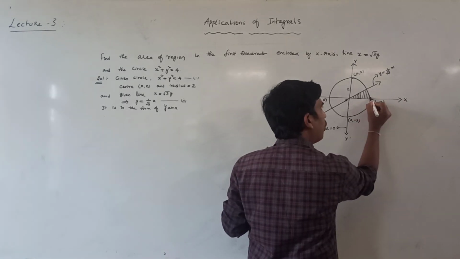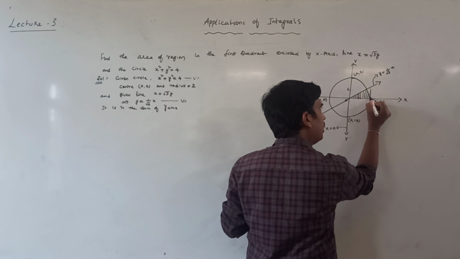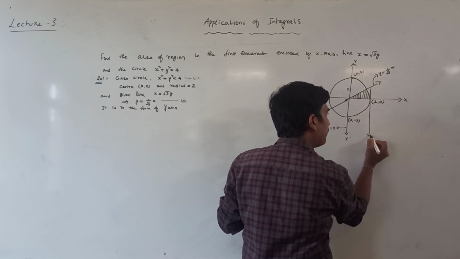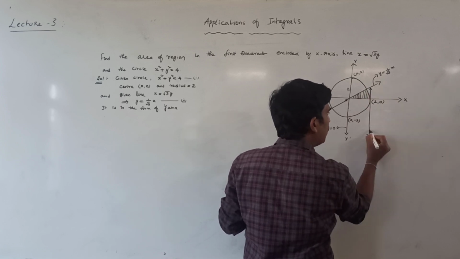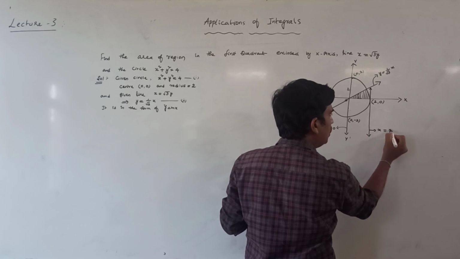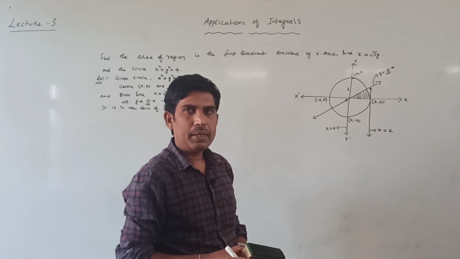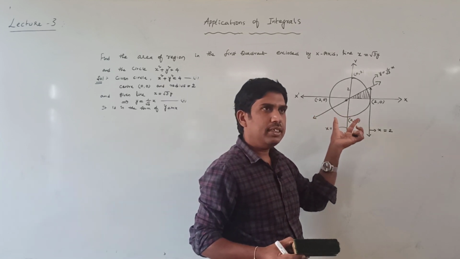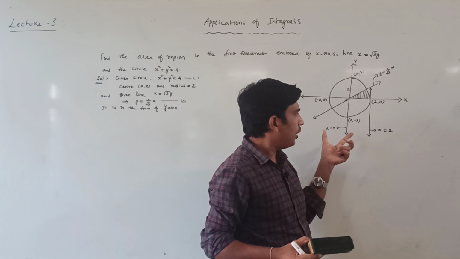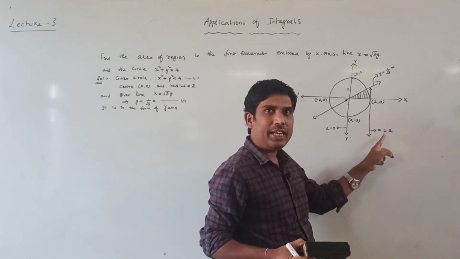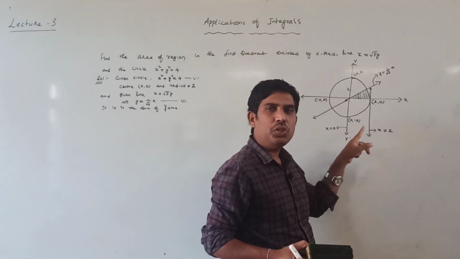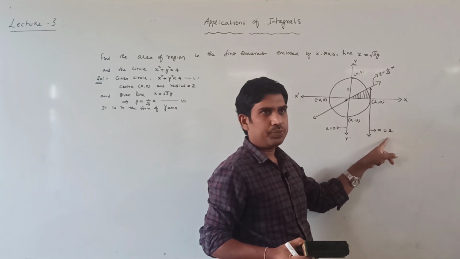And if you draw one line here, what is this line's equation? Nothing but x = 2. The shaded region is bounded between the limits x = 0 and x = 2.